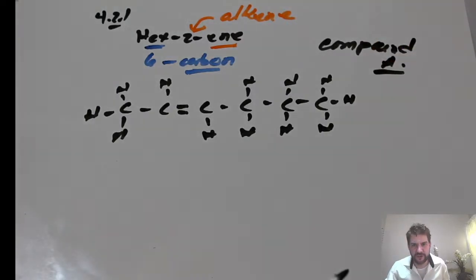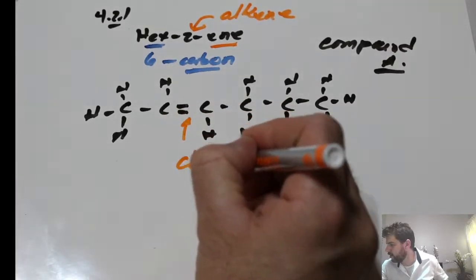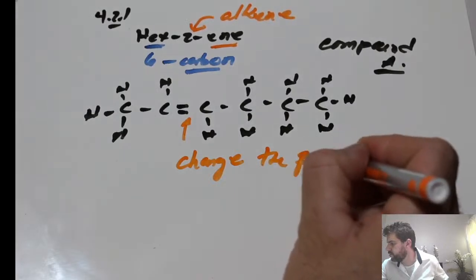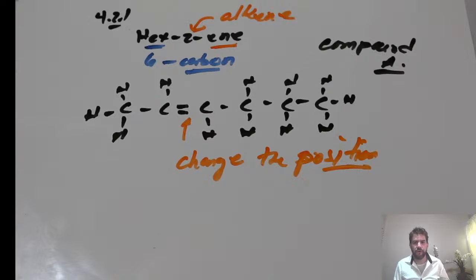Which one is the positional isomer? You are going to change the position of the double bond. It means you can place it anywhere, but not in the second carbon.